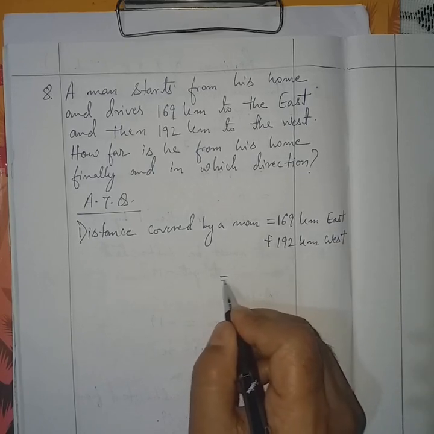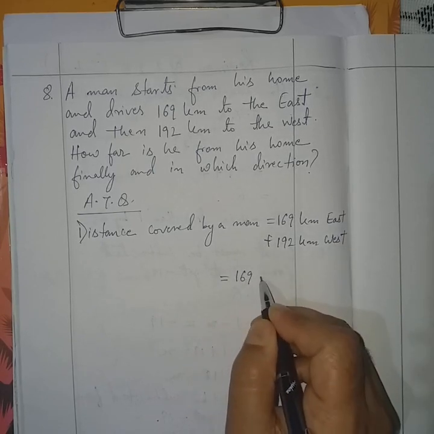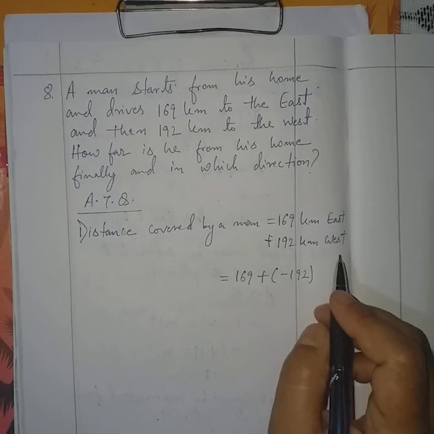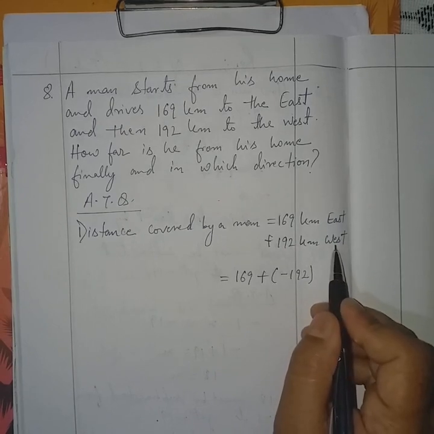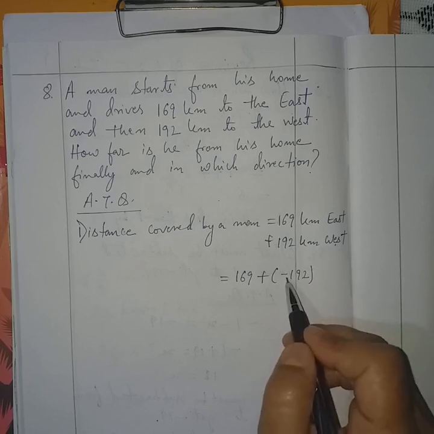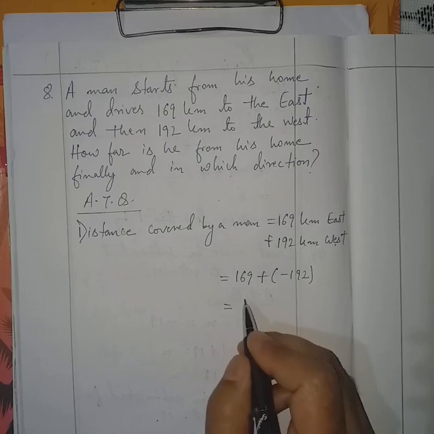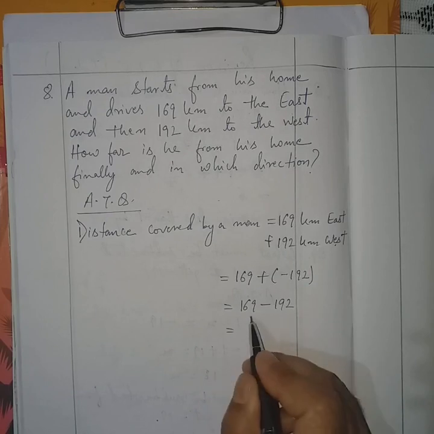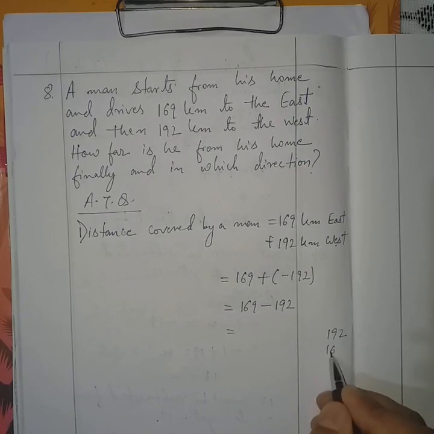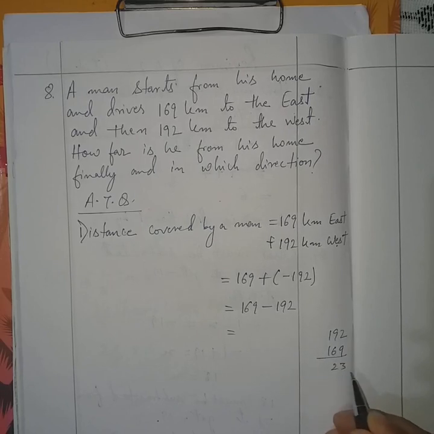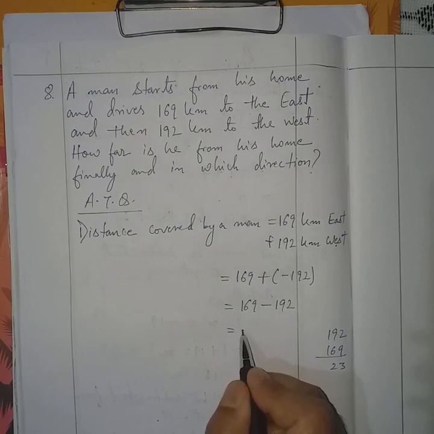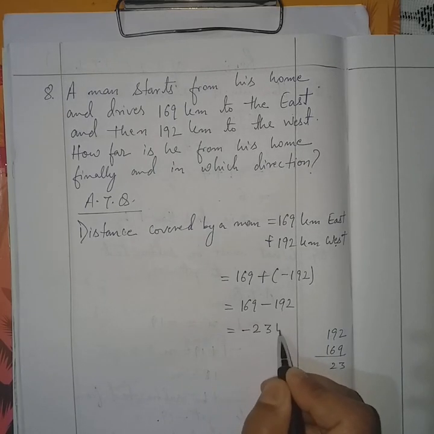So this we can write 169 plus minus 192 kilometer, because this is in west direction, so that is why we are writing negative sign here. Okay, and this one will be 169 minus 192. Okay, 192 minus 169, we are going to get 23, the bigger number is 192, so here the sign will be minus 23 kilometer.